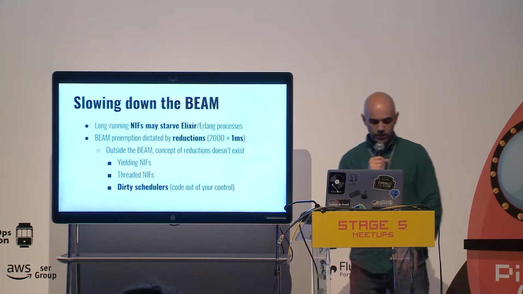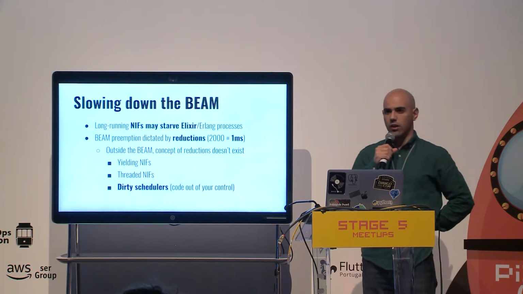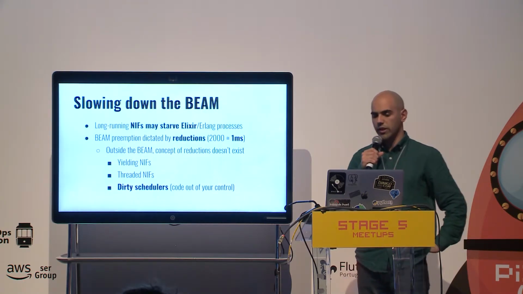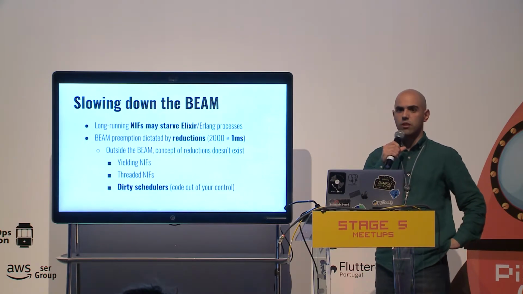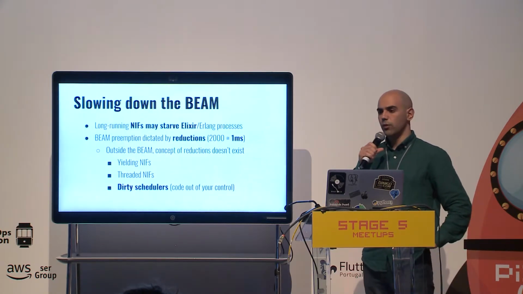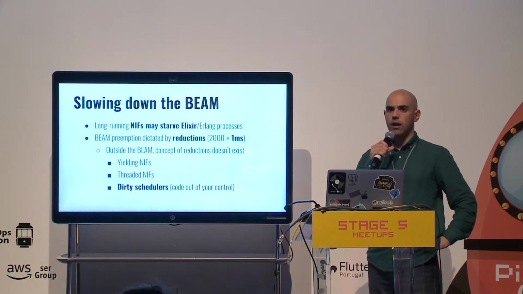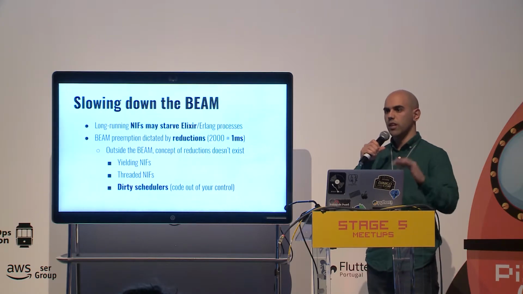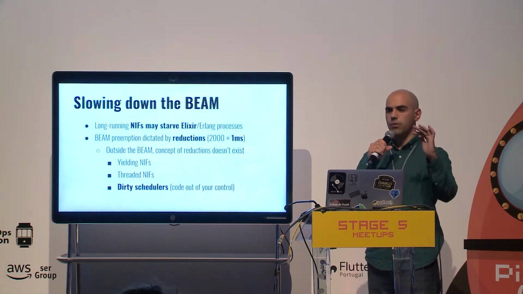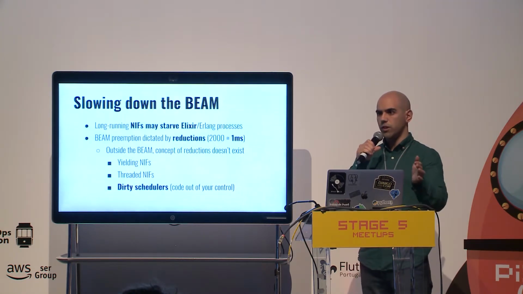This is really cool and dandy, but NIFs have two major problems. One of them is slowing down the BEAM. The BEAM, the Erlang virtual machine, uses this concept of reductions to handle its preemptive scheduling. Imagine a function is taking too long; it assigns 2,000 reductions by default to each function.